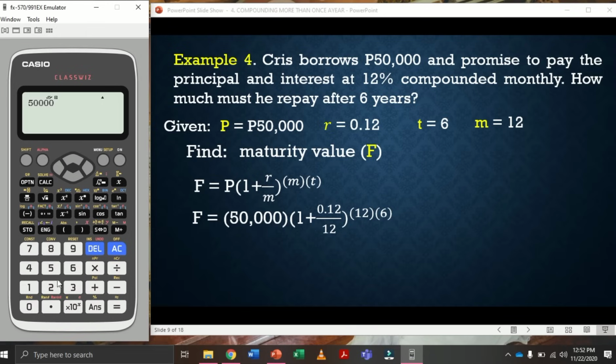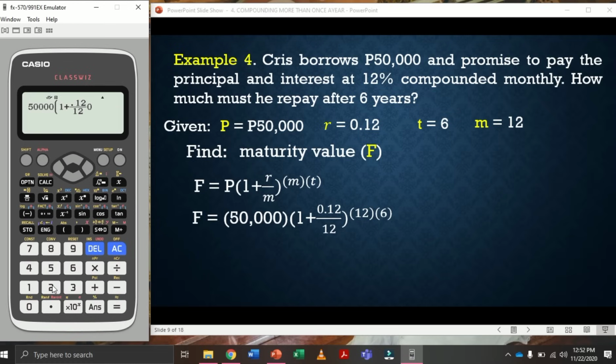So, 50,000 times 1 plus 0.12 divided by 12. Then close parenthesis.